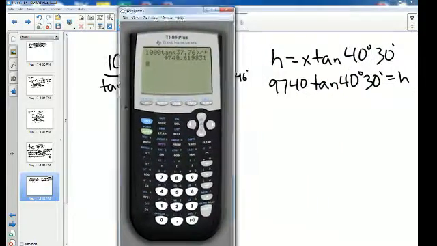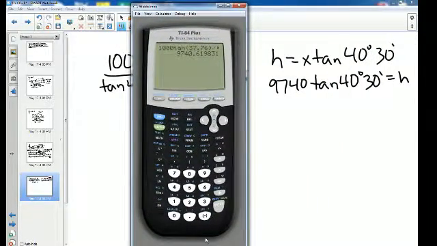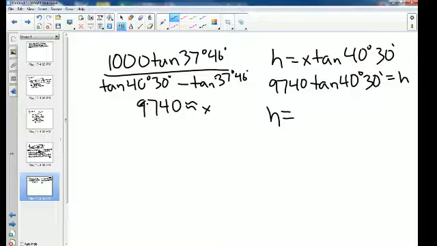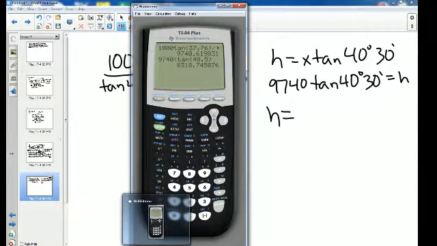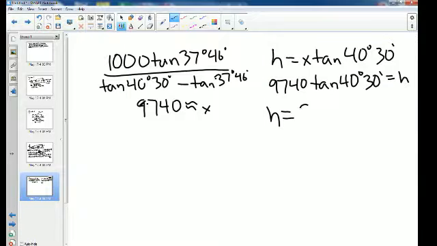I'll move it over here. Okay, so 9,740 times tan 40.5, because 30 minutes will equal that, so that will make h come out to about 8,318 approximately.